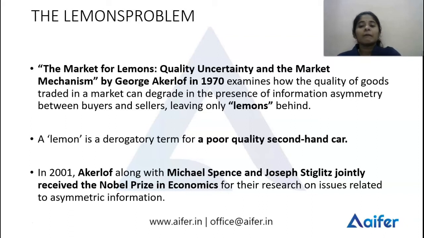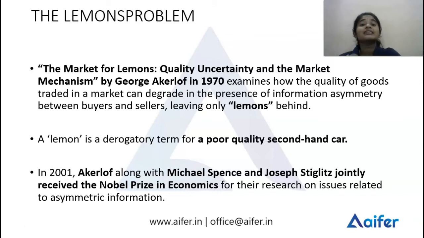A poor quality used car is known as a lemon, and a high quality used car is known as a peach. Buyers cannot distinguish between these two, but they are willing to pay a fixed price. They have a specific price in their mind.